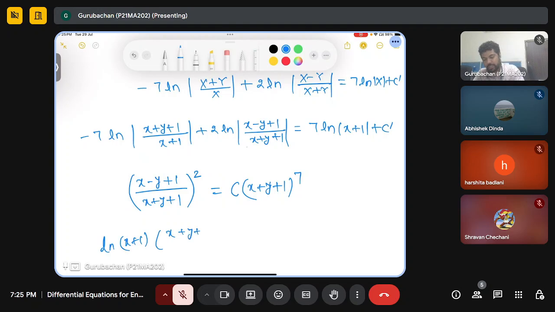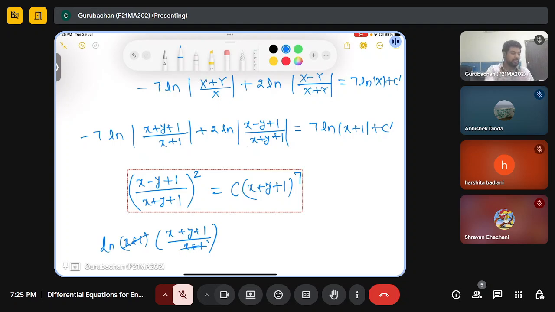So this will be x plus y plus 1 into x plus 1, and this should cancel out. So are you getting the same answer or some different answer? Same answer, sir. Same answer? Okay. See, I'm again saying we are humans, so there might be some calculation error. You can check yourself and let me know even now or in the next class also. I will correct it.